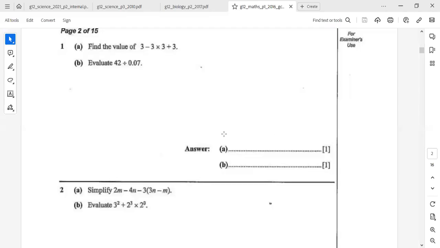At least. Let me just start recording this. So find the value of 3 minus... I hope we're able to see this font that's here. So someone says, I think 04 is okay.